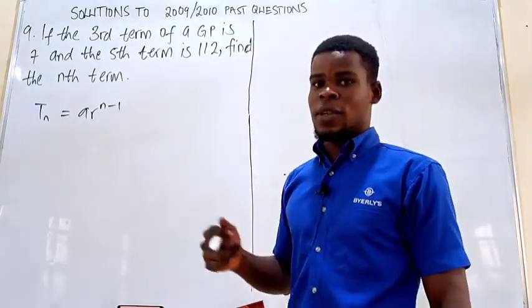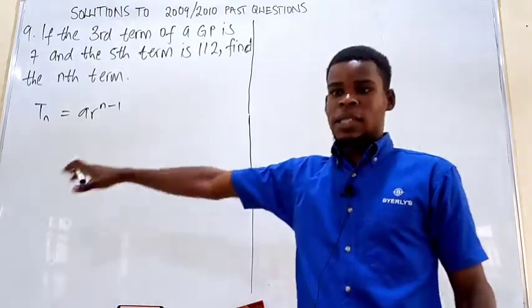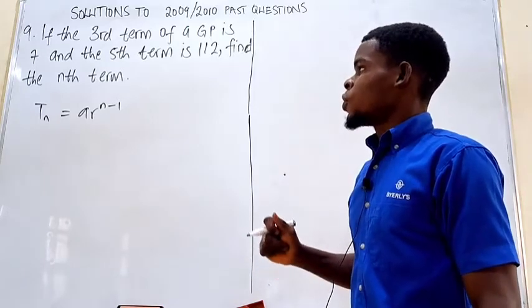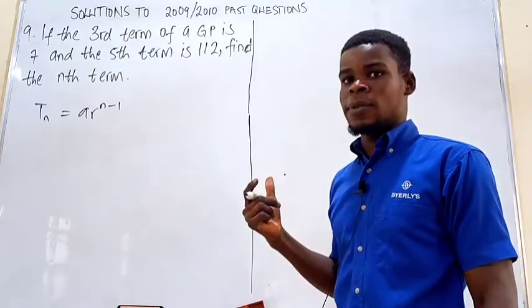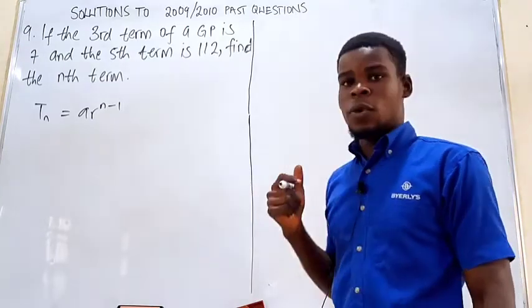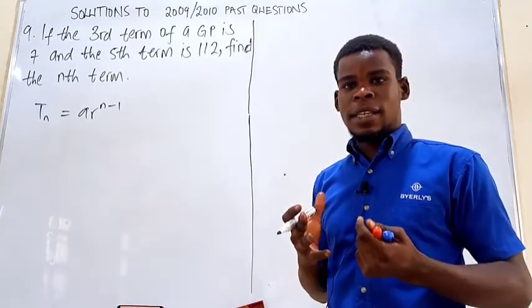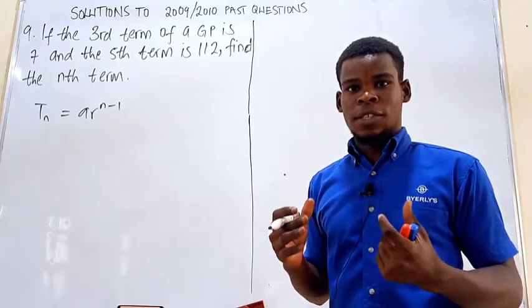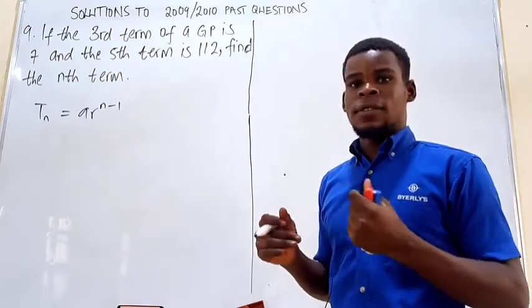Then n minus 1 just means you take away 1 from the term you are asked to consider. Here we are given that the third term is 7 and the fifth term is 112. Then you should find the nth term. That is, you should use the given information to produce a general term for any n.